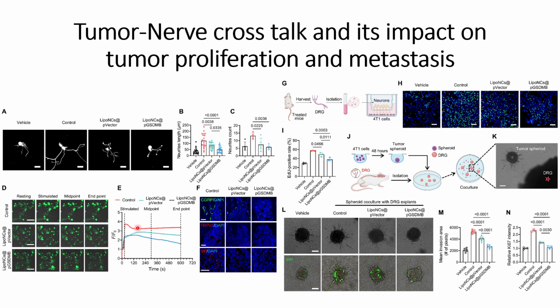These things are quantified in panel E, where we can see that the calcium influx intensity for Lipo-NC-pGSDMB is low compared to the control and Lipo-NC with empty vector, indicating that the excitability of this neuron also goes down.